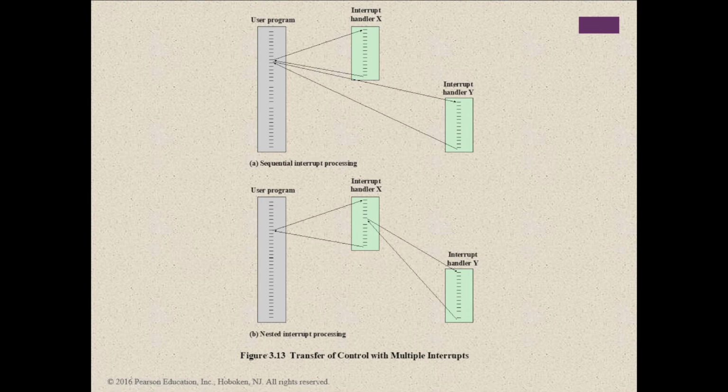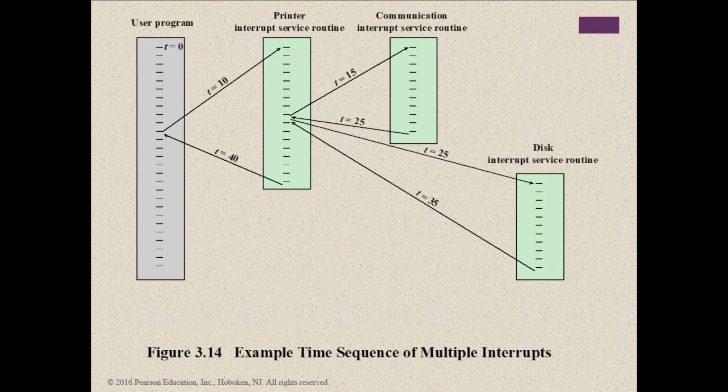Okay, next we have figure 3.14, an example time sequence of multiple interrupts. As an example of the second approach, consider a system with three I/O devices: a printer, a disk, and a communications line, with increasing priorities of 2, 4, and 5 respectively.